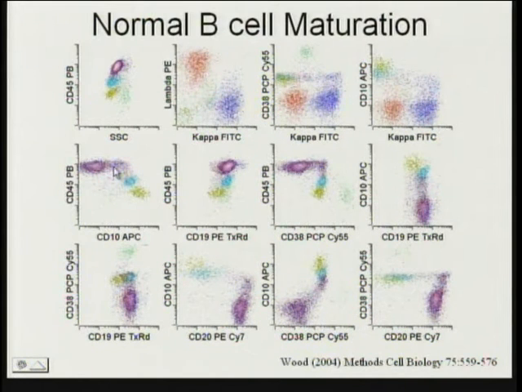There's a third stage of maturation up here where CD10 is expressed at a dim level, CD45 is now as bright as that on a mature lymphocyte, and then CD10 is lost. But the point here is that the antigen expression is highly correlated. It's not random. At each stage of maturation, there's a distinct immunophenotype that can be easily appreciated.